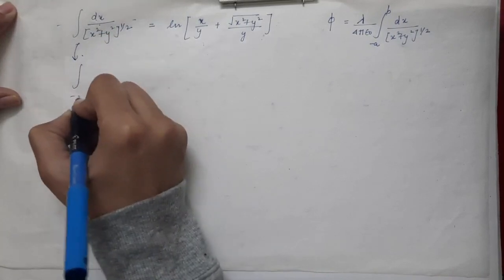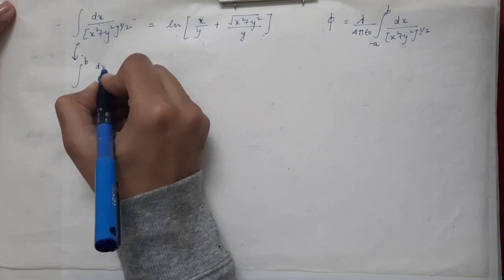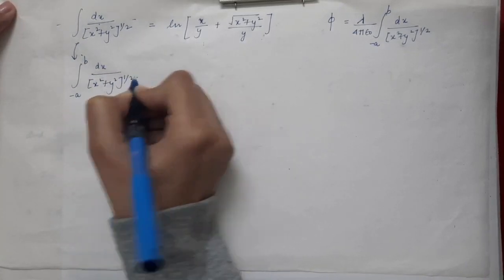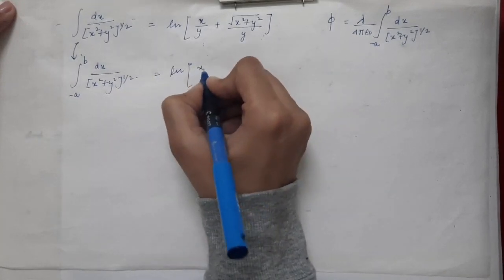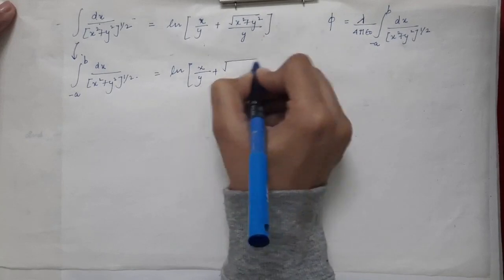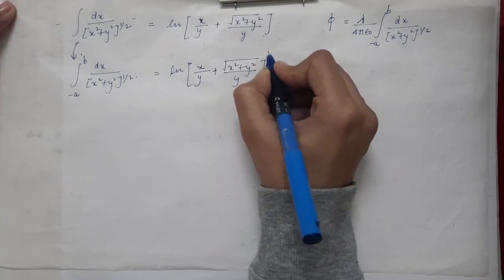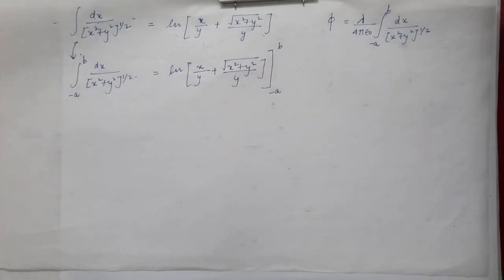So we will get the integration from minus a to b of dx divided by x square plus y square power 1 by 2. That will be equal to natural log of x by y plus under root of x square plus y square whole divided by y, and we have to put the limits from minus a to b.